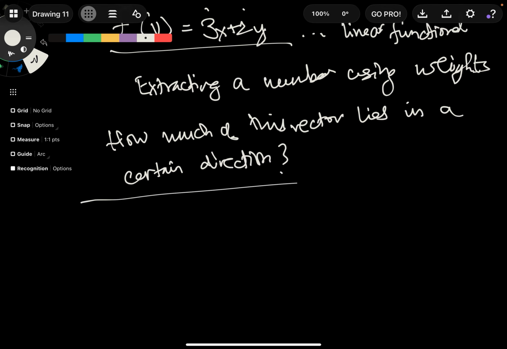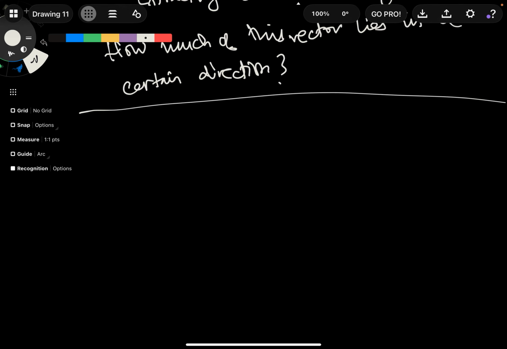Is that clear? I think that's the main intuition here. We have a vector, we pass it through this function and it spits out a scalar. It spits out the scalar by weighting each component of the vector with some scalar number.